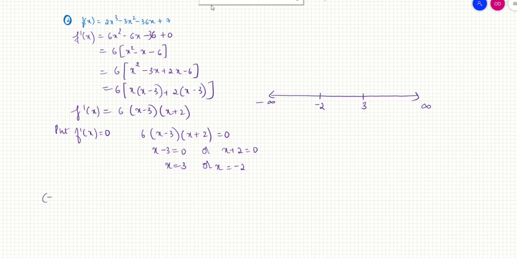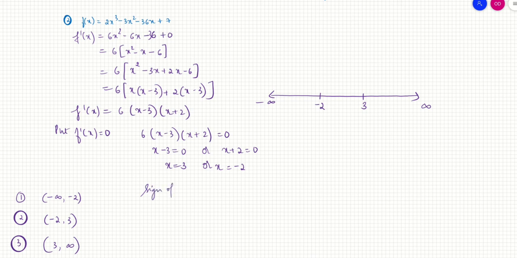So we have the first interval minus infinity to minus 2, second interval minus 2 to 3, and third interval 3 to plus infinity. In the second column, let's find out the sign of f dash. And in the third column, let's find the nature of f.